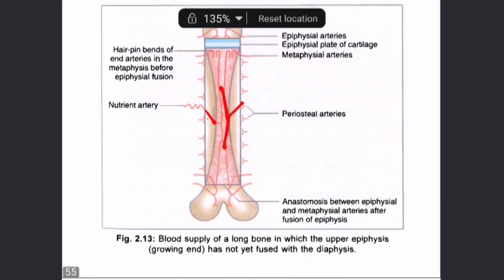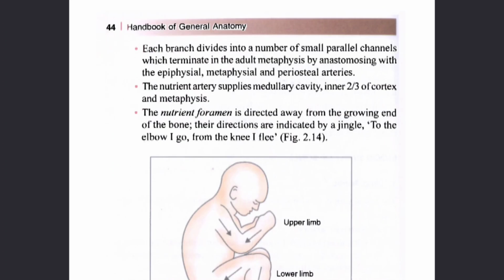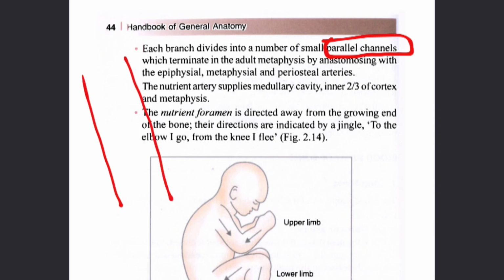Then we'll go further. Each branch divides into a number of small parallel channels. So basically we are talking about the blood supply of the bone. In the long bone we are seeing the nutrient artery entering from the nutrient foramen obliquely into the cortex. This is the cortex and this is the medullary cavity. This is how it is entering and dividing into ascending and descending branches.